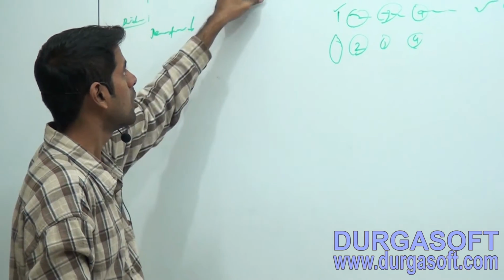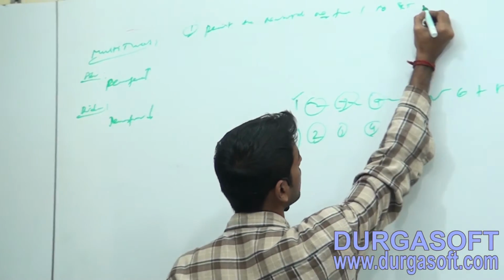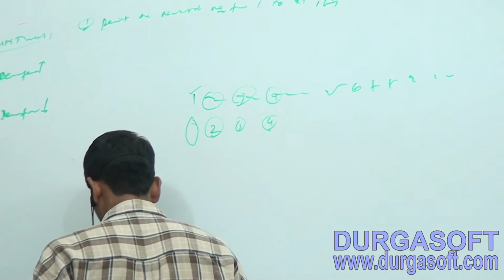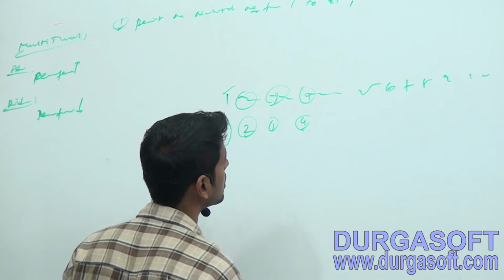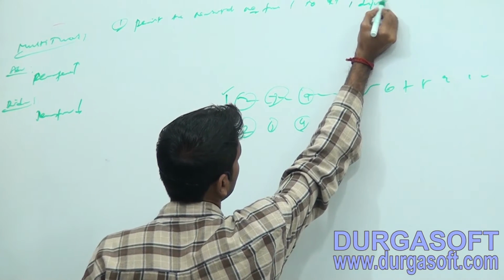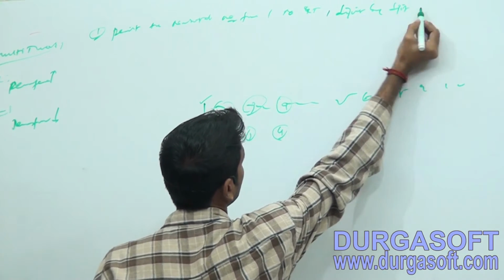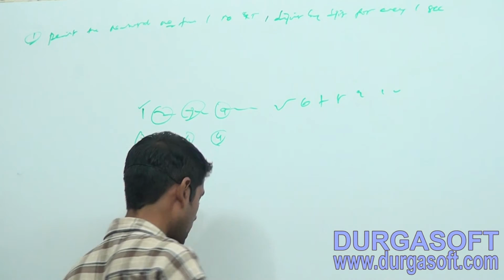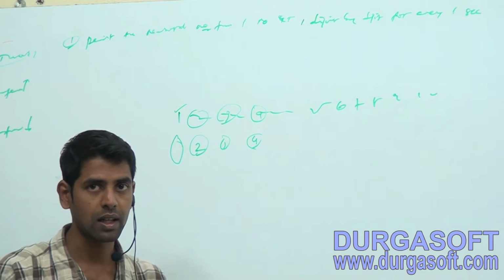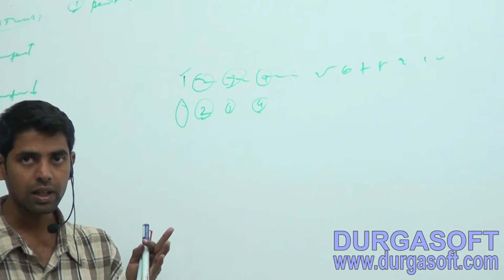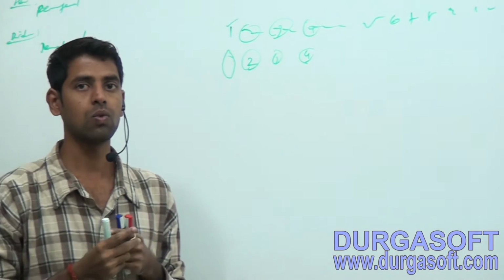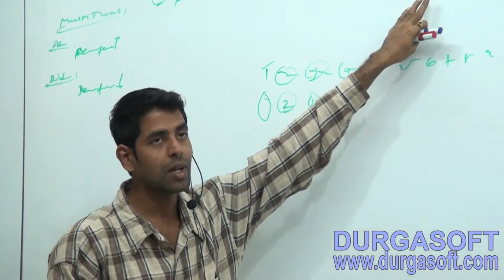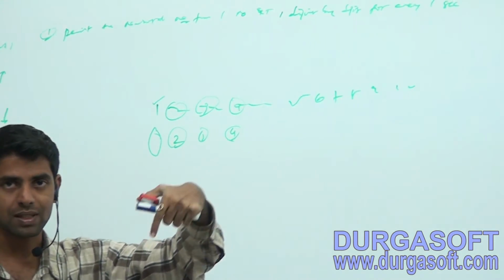Print the natural numbers from 1 to 45 digit by digit for every 1 second.